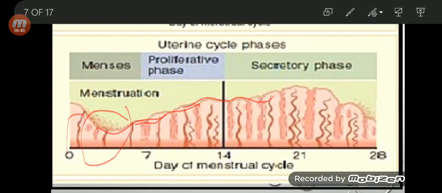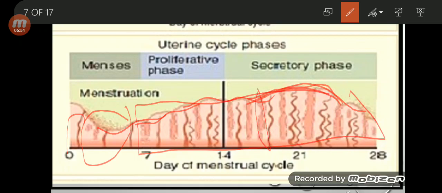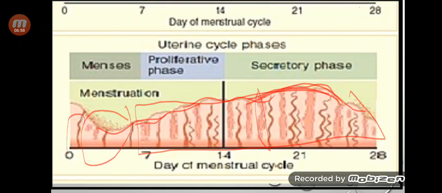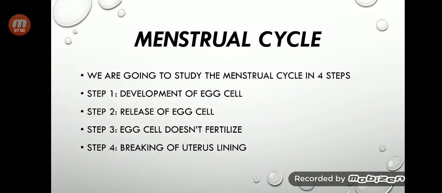In this picture you can see the phase where the egg cell is not fertilized, and now this thick lining of the uterus is not needed. Now we will go toward our next step, that is the breaking of the uterus lining.